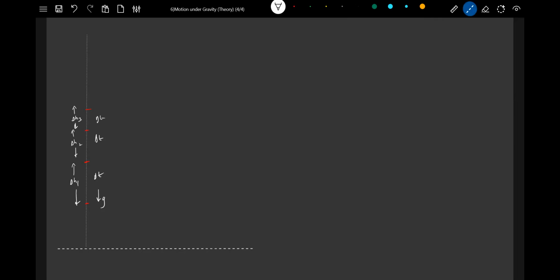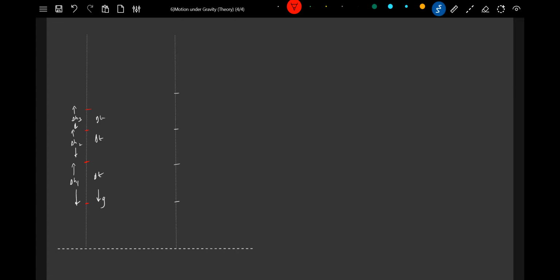Then instead of this, if you consider equal displacements, what about the time taken for that? In retarding motion, what is the time taken for equal displacement?